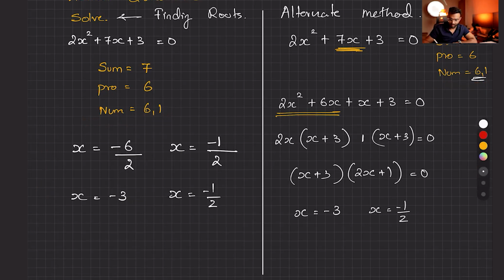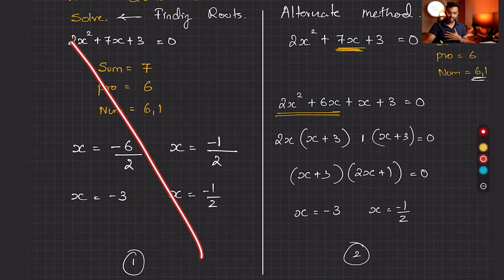So if I number this one and two, which one did you guys prefer? Number one, yeah? I know. If you take A-level maths, Akash, believe me, when I learned quadratics, I didn't know that this method existed.